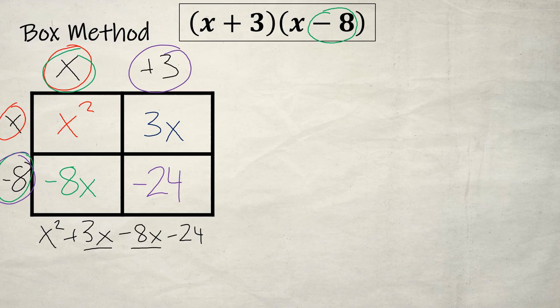So 3x minus 8x, so we have that negative right there. That gives us negative 5x. There's no other constant, so I bring down my negative 24. And there's no other x squared, so I bring down my x squared. And that right there is my answer.